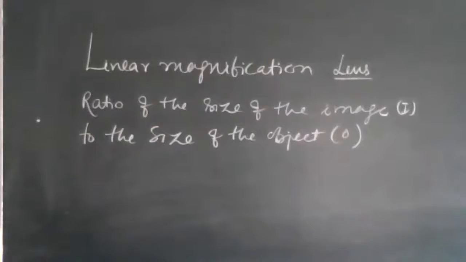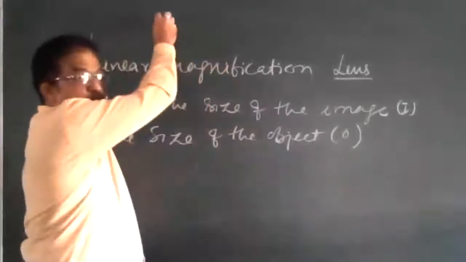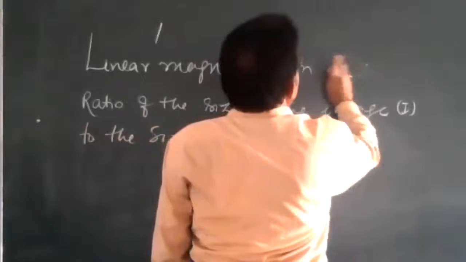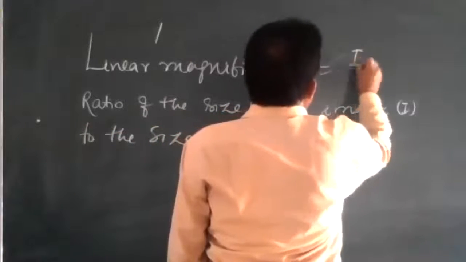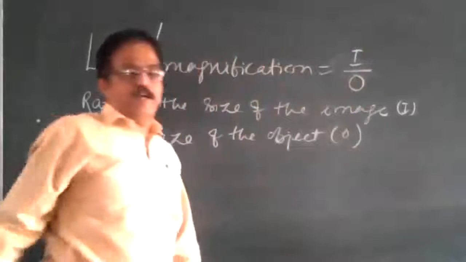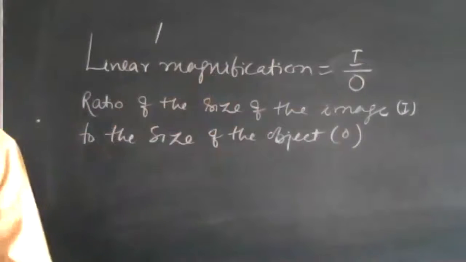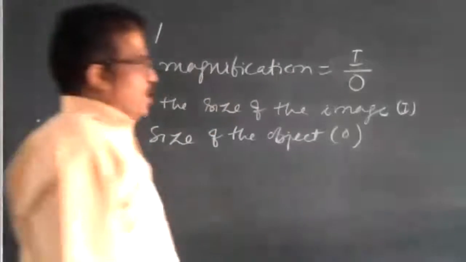So linear magnification here is linear magnification. The formula for the linear magnification is size of the image divided by size of the object.